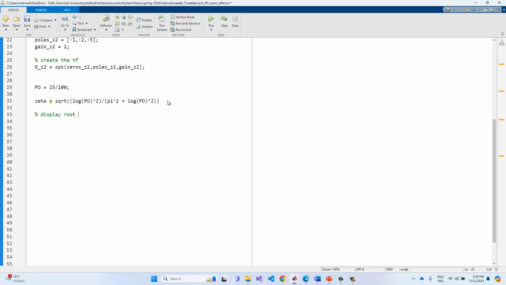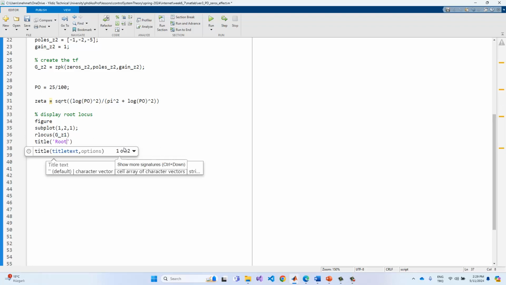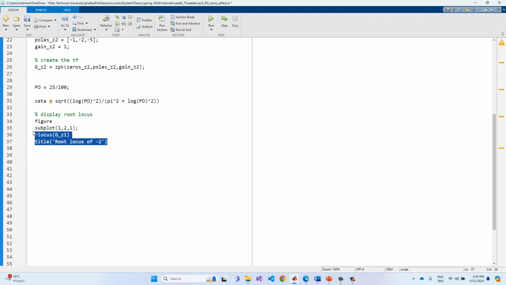Display root locus and figure, the subplot 1, 2 column and 1, and our locus should be given gz1, and the title can be given as the root locus of -2 in here.